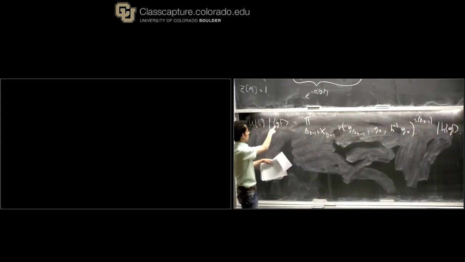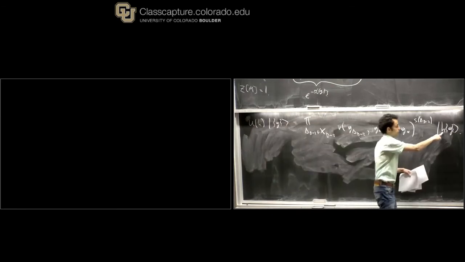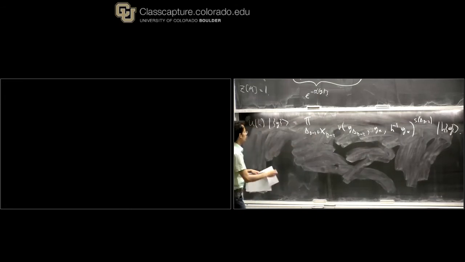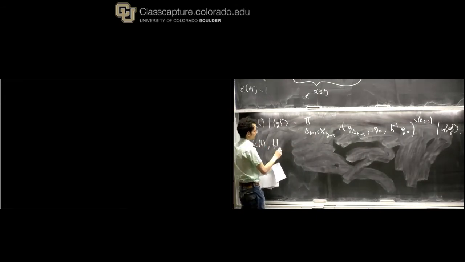So we do rotate all our group elements on the boundary globally by H, but we also multiply by this factor. And by that formula, this U of H is going to commute with the effective boundary Hamiltonian.